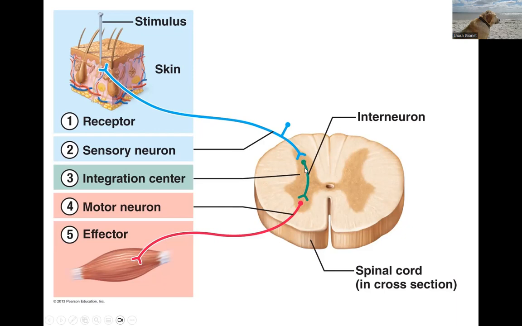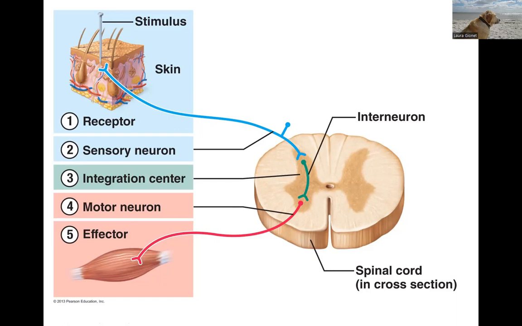Now, the interneuron carries an impulse to the anterior gray horn, where we find the motor neuron in red. The round balls, of course, are the cell bodies. So motor neuron cell bodies are found in the anterior gray horns. Now, the motor neuron carries the impulse away from the spinal cord and terminates on the effector. In this case, if it was skeletal muscle, the effector generally is going to be excitatory, but you will have 2 motor neurons going out.